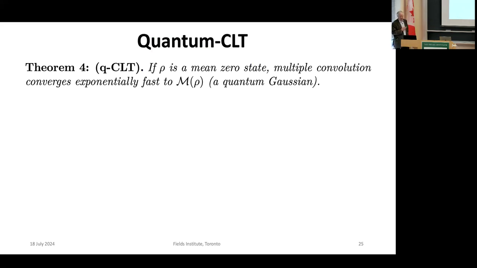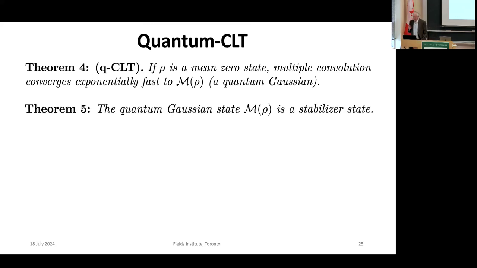Namely, if rho is mean zero, I have to define that, but let me skip over the definition of mean zero, then multiple convolution given by this formula that I just showed converges exponentially fast to a quantum Gaussian. And we call it the mean state M of rho.